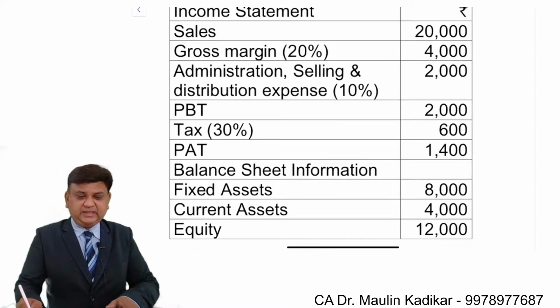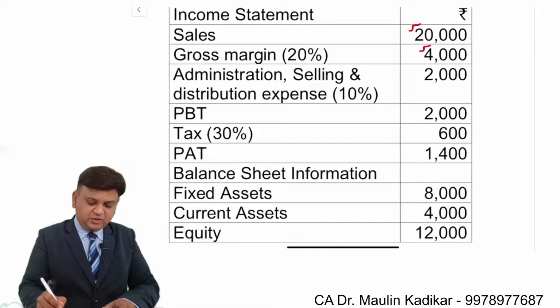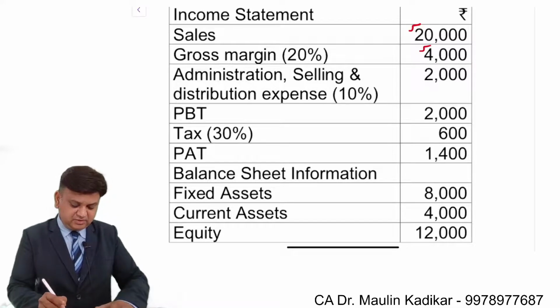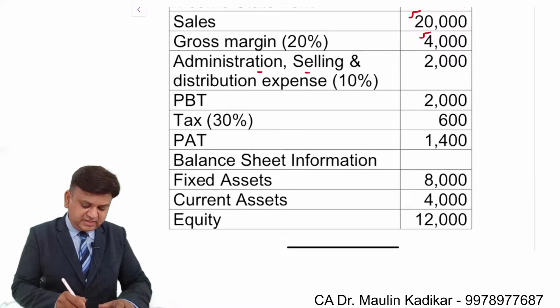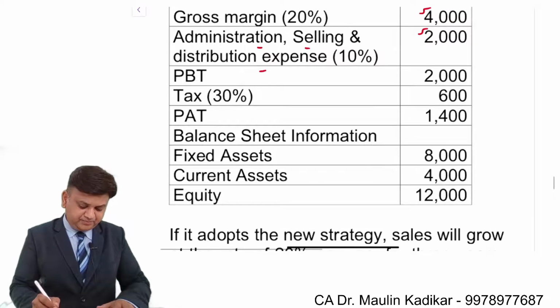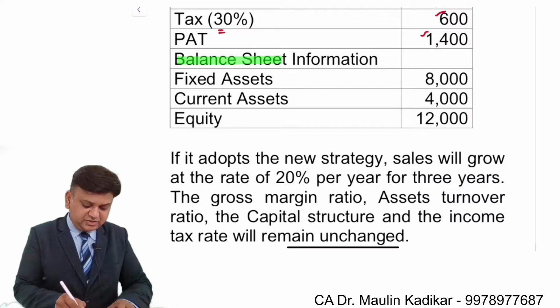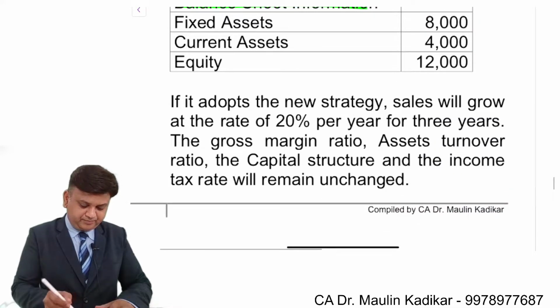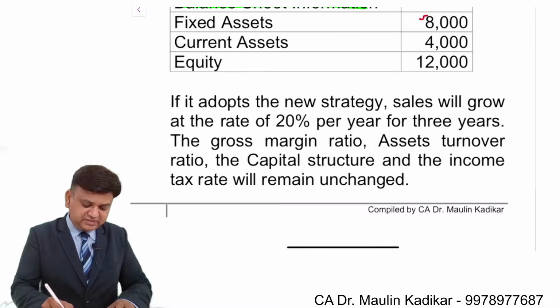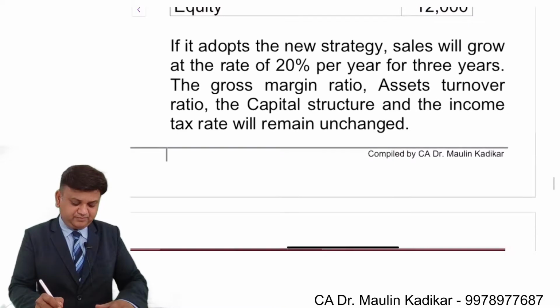Income statement, in that sales is provided 20,000 rupees, gross margin is 4,000 rupees, administration, selling and distribution expenses 10%, that is 2,000, earning before taxes, income tax at the rate of 30%, profit after taxes. Balance sheet information is provided to us.